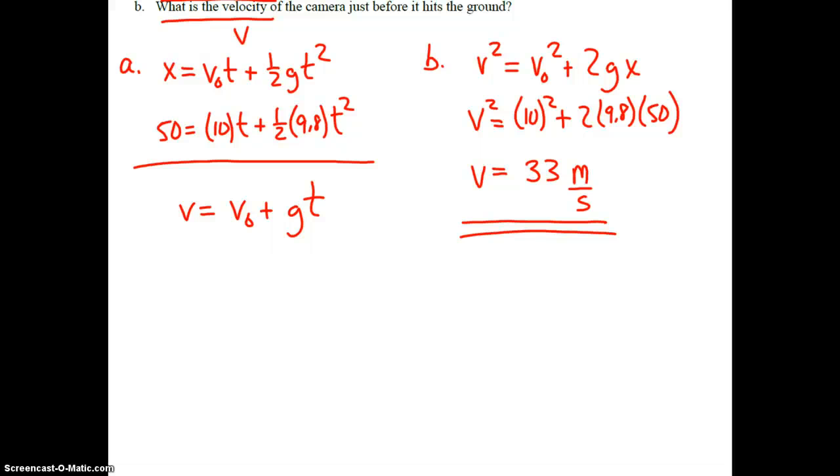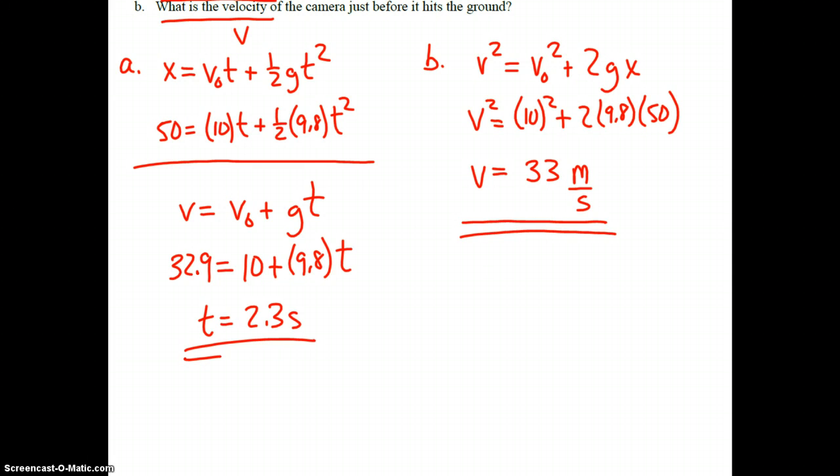That would be 32.9 equals 10 plus 9.8 times t. Again, all our information is consistent, so we don't have to worry about sign. Solve for t. Pause if you need to. And we should get an answer of 2.3 seconds to 2 digits.